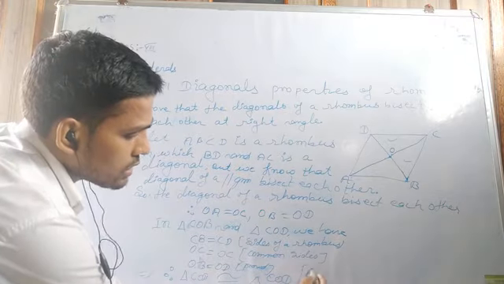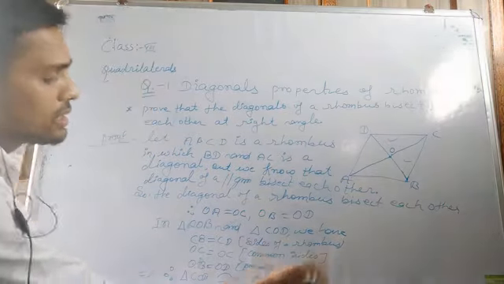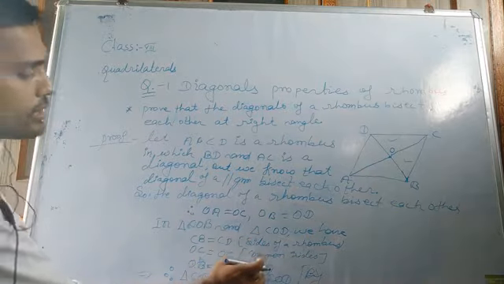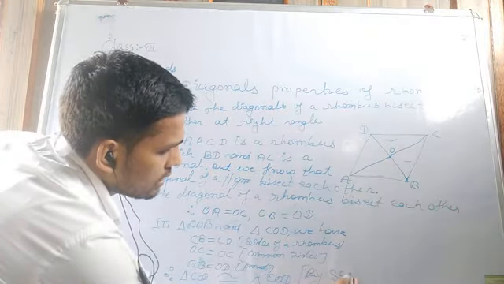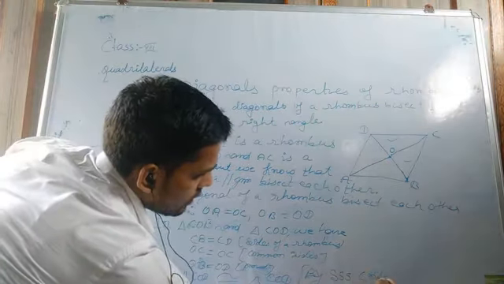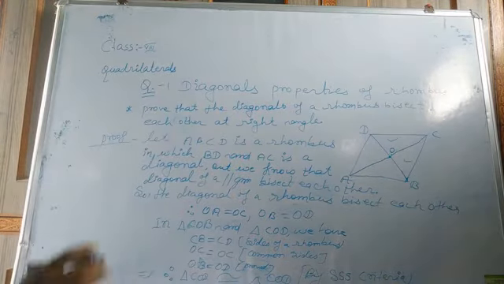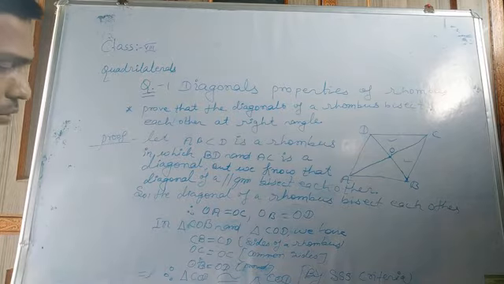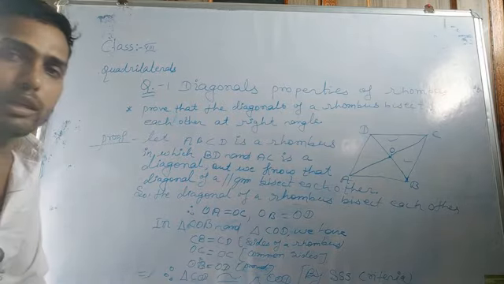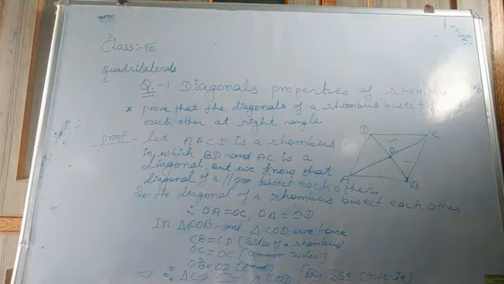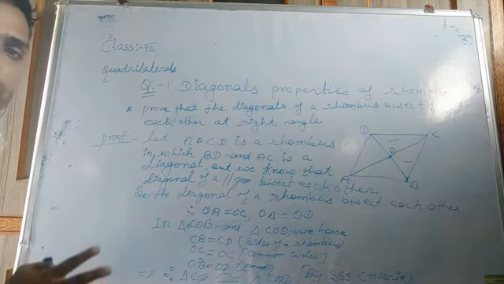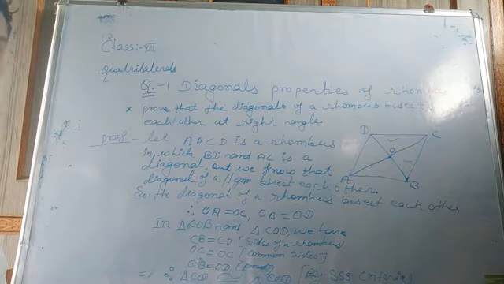By which criterion? By the side-side-side criterion, we got triangle COB congruent to triangle COD. Both are congruent to each other by SSS criteria.